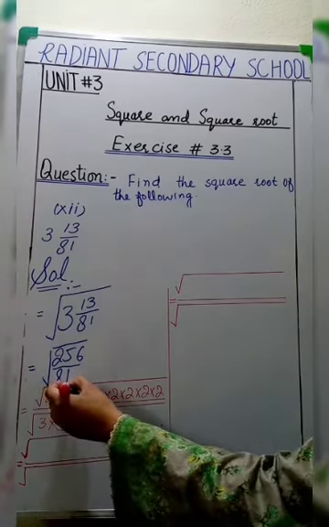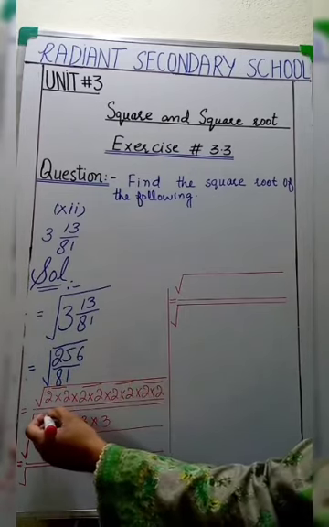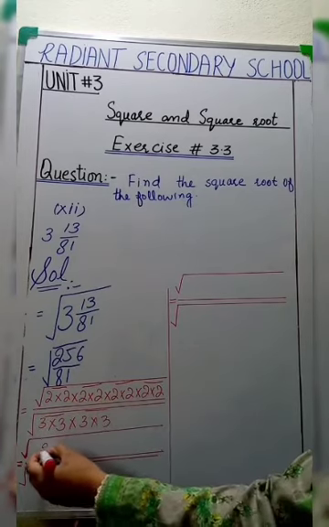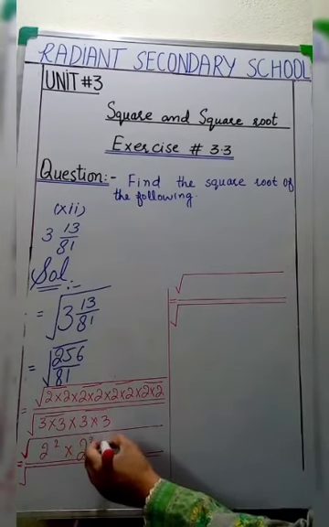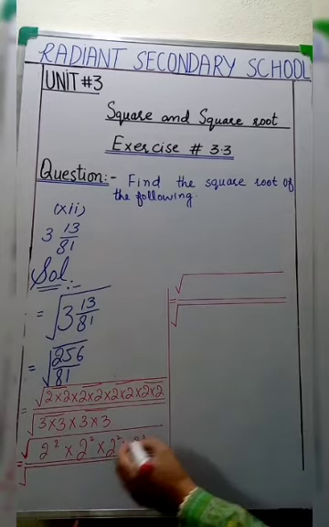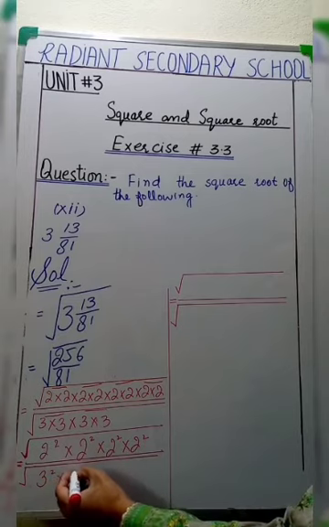There are 4 pairs of 2 in the factors of 256 and 2 pairs of 3 in the factors of 81. In the next step, I will write them in the square form: 2 square into 2 square into 2 square into 2 square over 3 square into 3 square.